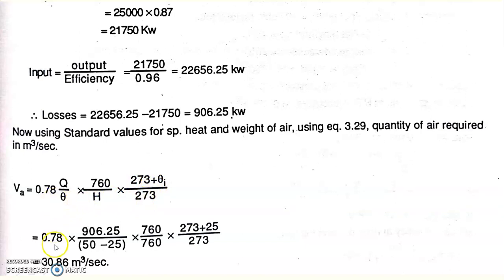By putting in the values, Q is 906.25, that is the losses, and theta is the difference between the internal temperature of the machine and the inlet temperature of the air, that is 50 minus 25, and theta I is the inlet temperature, 25 degrees Celsius. By putting these values, you will get 30.86 meter cube per second. That amount of air is required to circulate and dissipate the heat.